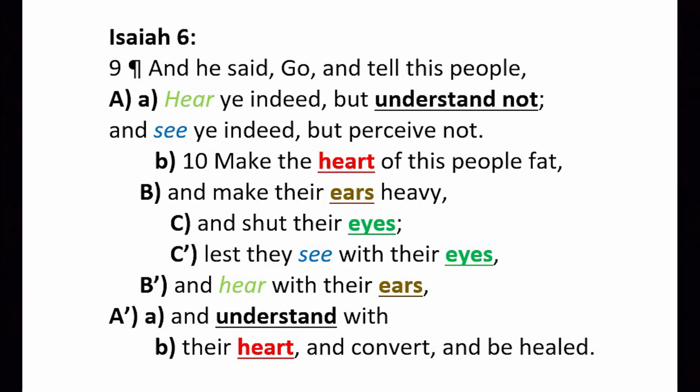Also, everything in the top of this chiasmus is a negative statement. It's understand not, perceive not, the heart is fat, and the ears are heavy, and the eyes are shut. Whereas working your way out of the chiasmus in the bottom, it's all positive. So, such as they see with their eyes, they hear with their ears, they understand with their heart, and they convert, and they are healed.